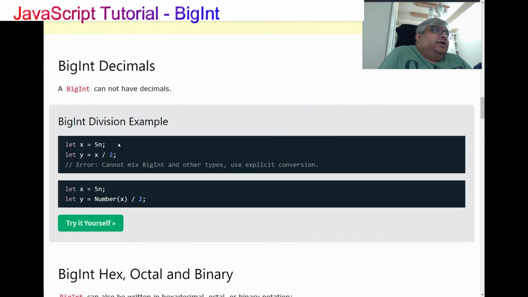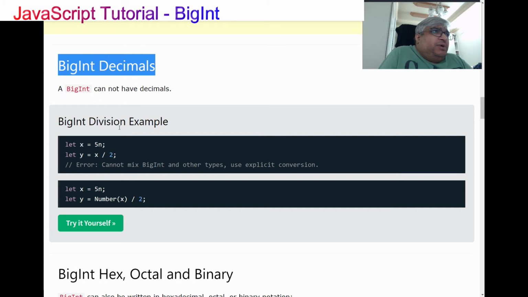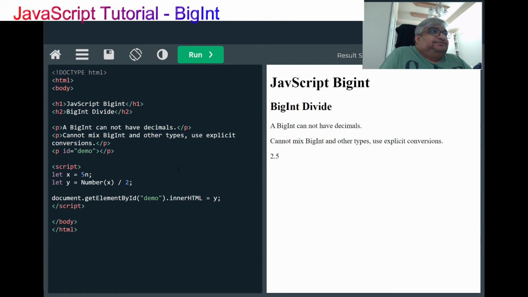Okay, now what is BigInt decimal? A BigInt cannot have decimals. Oh no, my god, what's this? Wow. So you cannot mix BigInt and other types, use explicit conversion. So what's going to happen here?